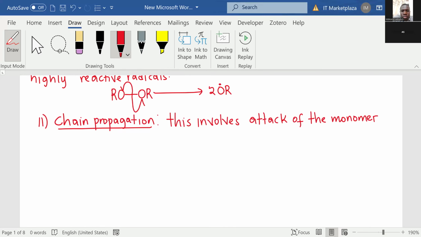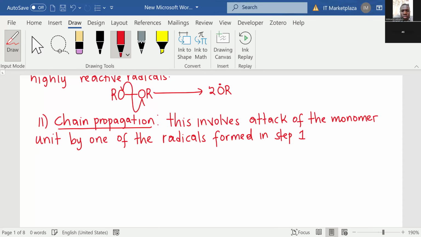So the first sub-step is that it involves attack of the monomer unit by one of the radicals formed in step 1.